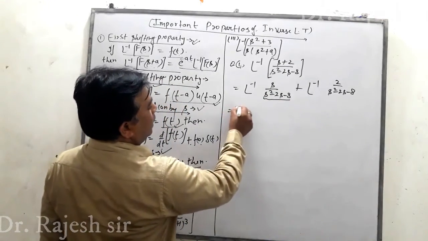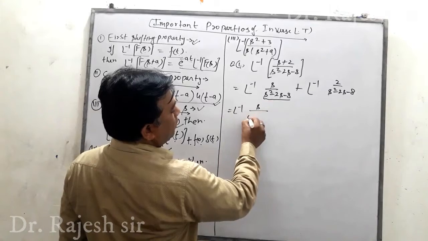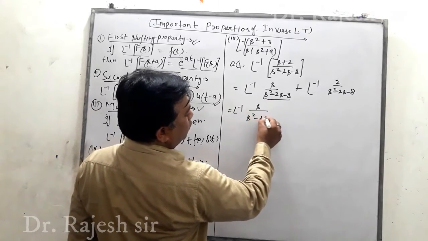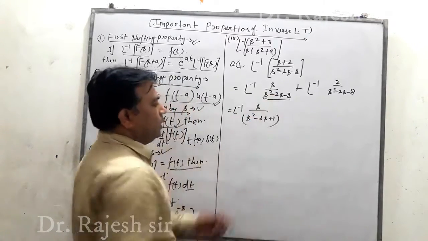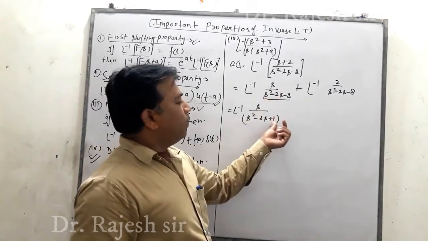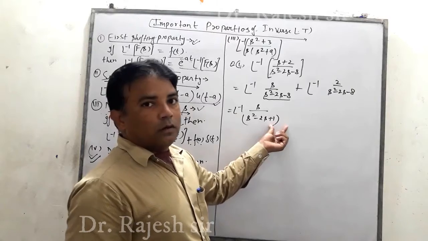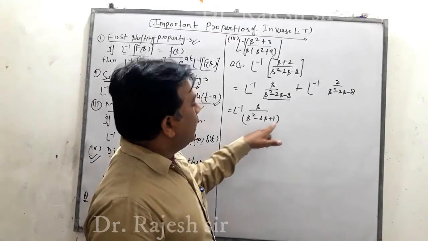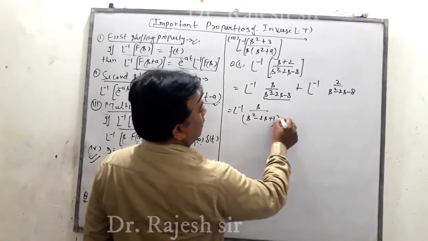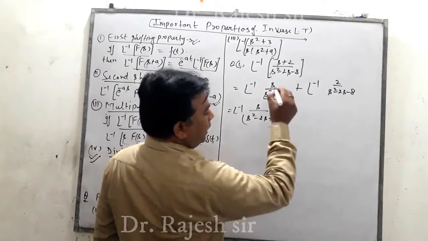Now for L inverse of s upon (s square minus 2s minus 8), we add the term plus 1 in the denominator, so according to the rule we subtract 1. Minus 8 minus 1 means minus 9.